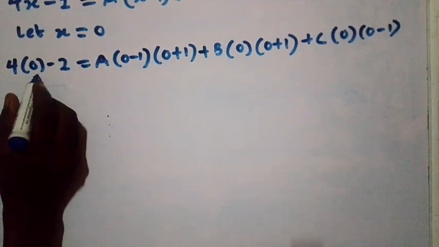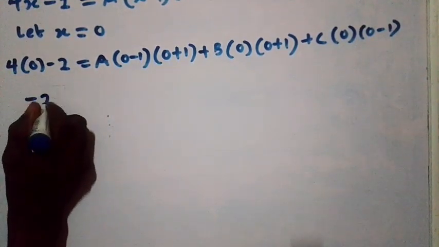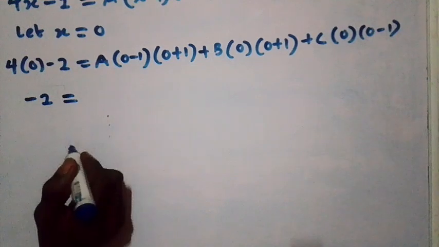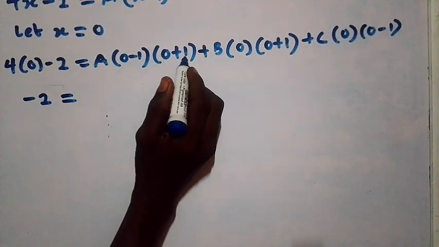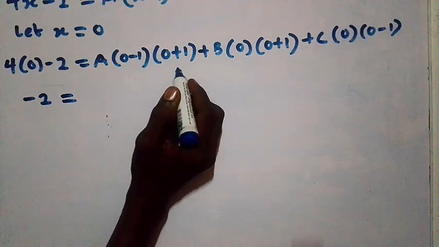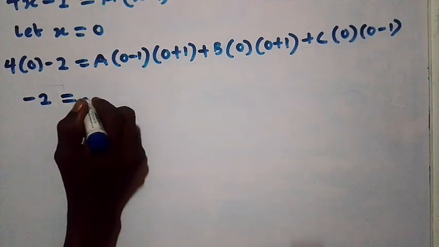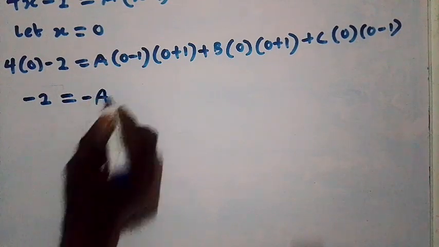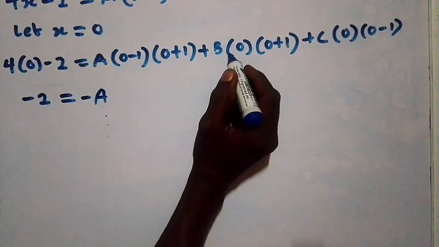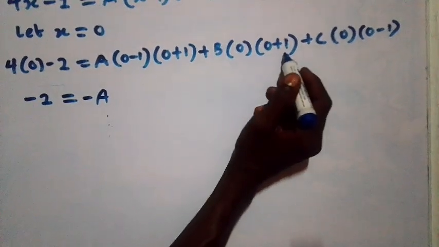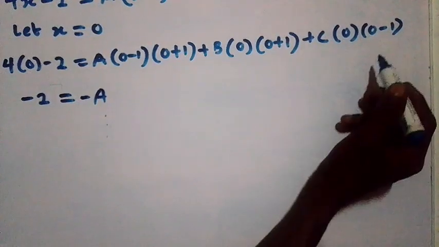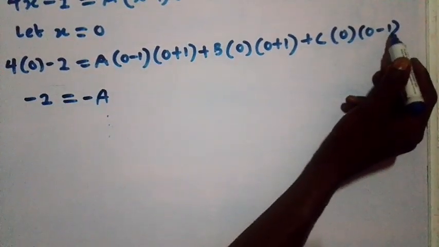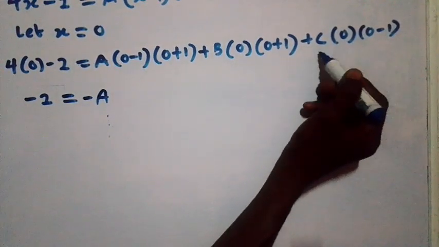4 multiplied by 0 is 0, minus 2, we get minus 2, equals 0 minus 1 is minus 1, 0 plus 1 is 1, minus 1 times plus 1 is minus 1, and minus 1 times A gives minus A. From here, 0 times 0 is 0, so 0 multiplied by B is 0, B drops out, and 0 times (0 minus 1) is 0, 0 times C is 0.